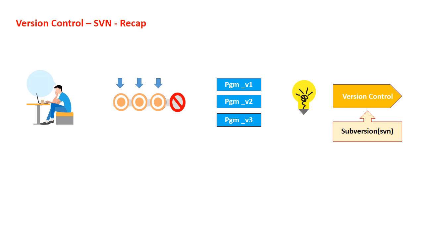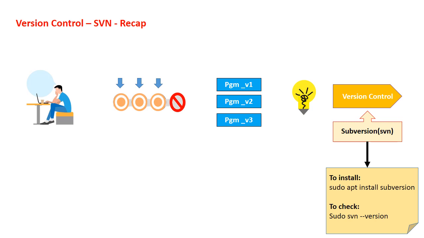In the last presentation, we discussed how to install SVN. To install, type sudo apt install subversion, and to check whether Subversion is installed on your system, type svn --version.